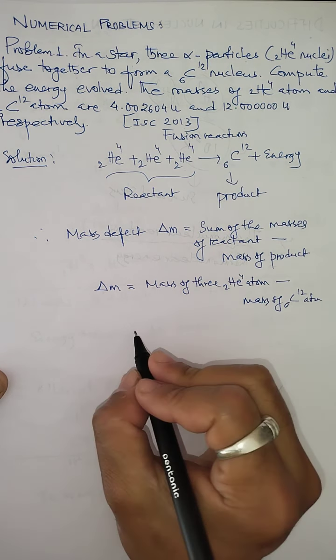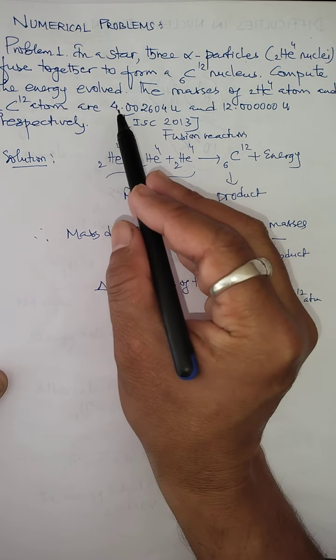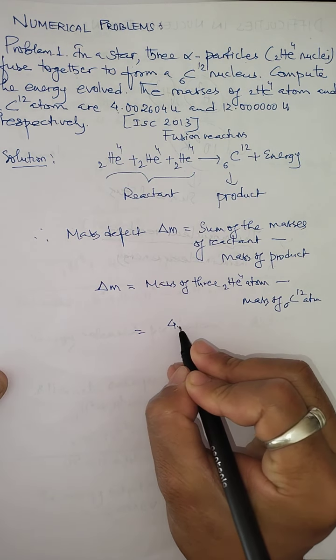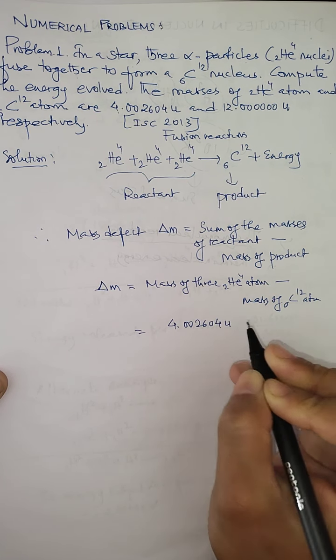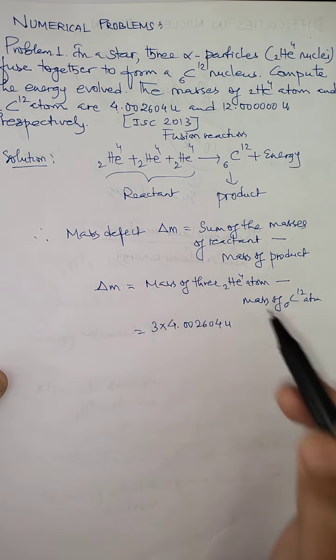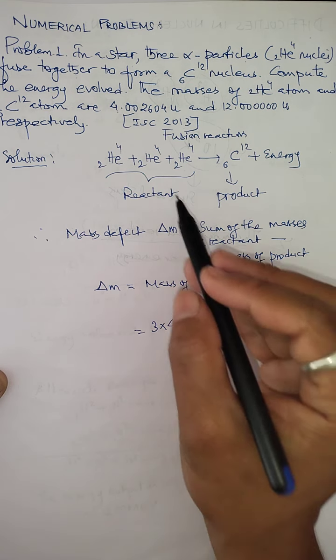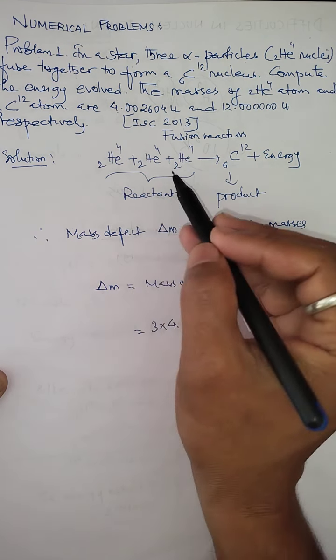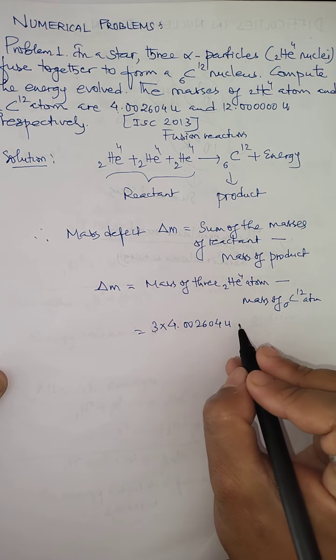Now, what is the mass of 1 helium atom? It is 4.002604 U, but there are 3 helium atoms fused as reactant, so to calculate the mass of 3 helium atoms, we multiply by 3.